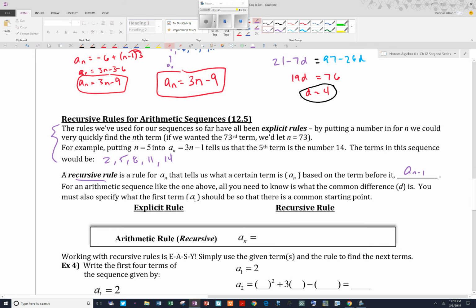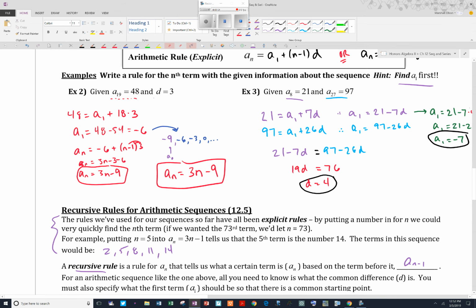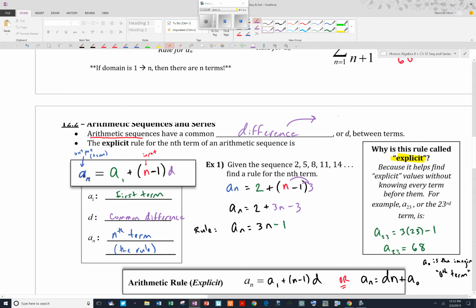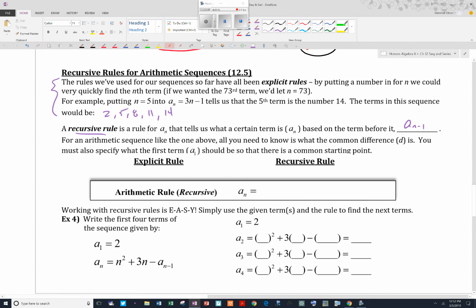Actually, a good thing that we could put way up here by our definition of common difference is that the common difference is found by taking a term and subtracting the term before it, a sub n minus 1. So we can use that notation in order to define what the common difference is.